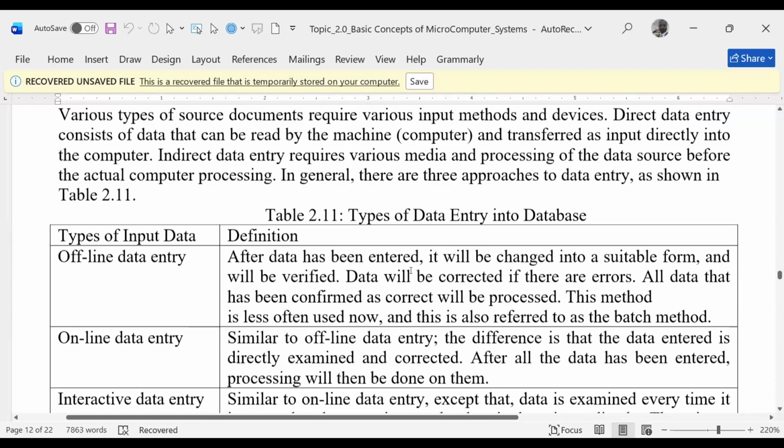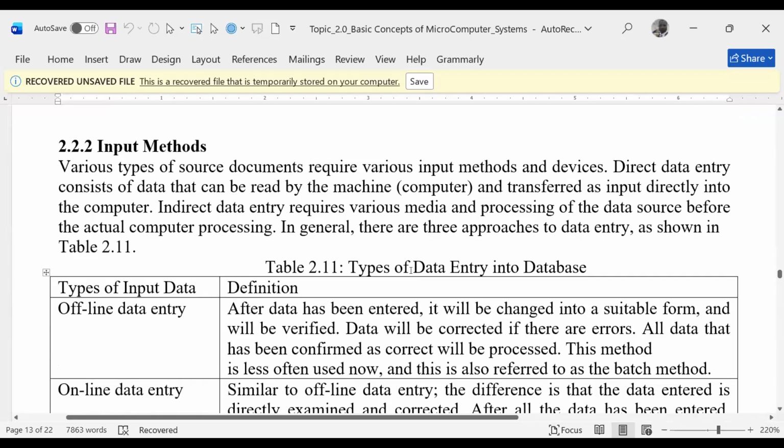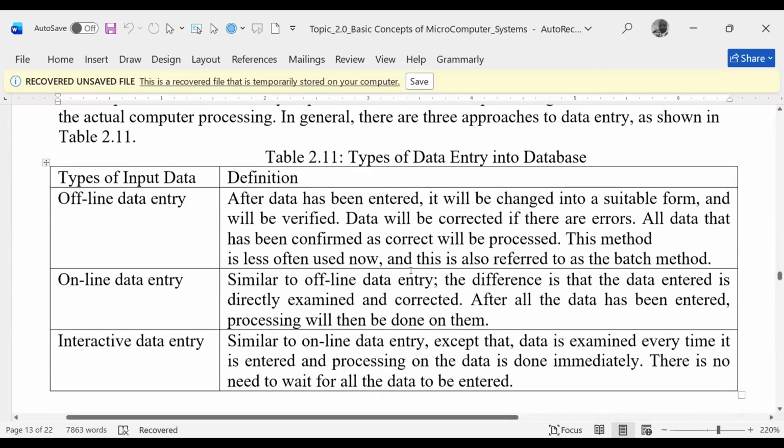And then the input types, we have 3 approaches. Input method, 3 approaches that support you to send data into your computer system or database. So making entry in the computer system, we have 3 ways: offline, online, and interactive.